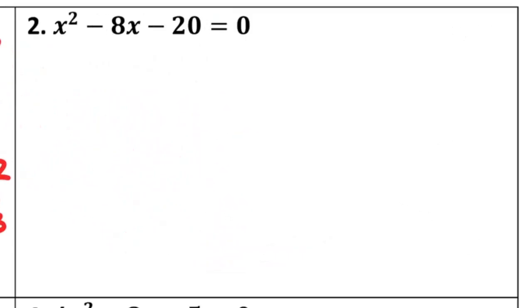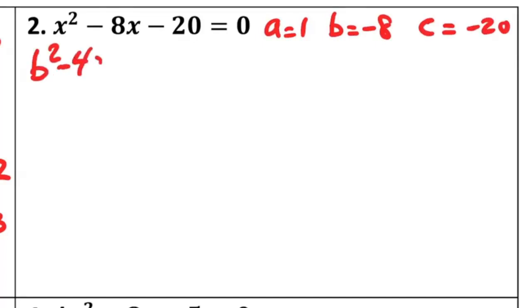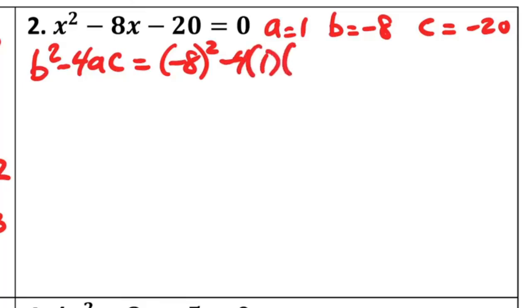Number 2. A is 1. B is negative 8. C is negative 20. B squared minus 4ac is negative 8 squared minus 4 times 1 times negative 20. Negative 8 squared is 64.